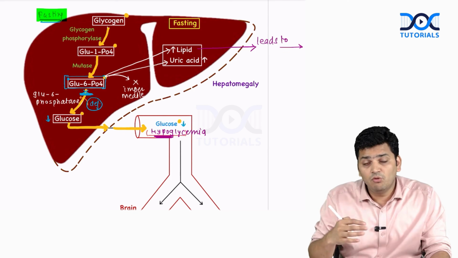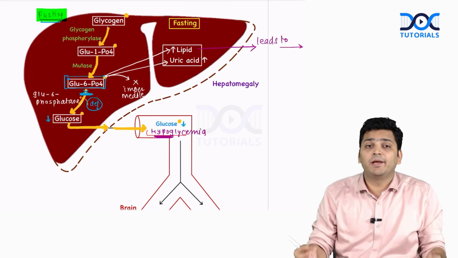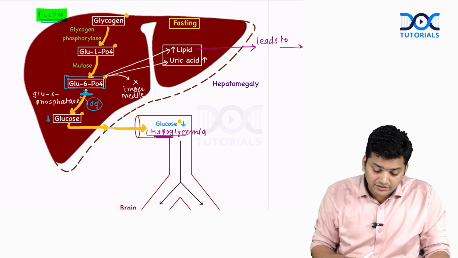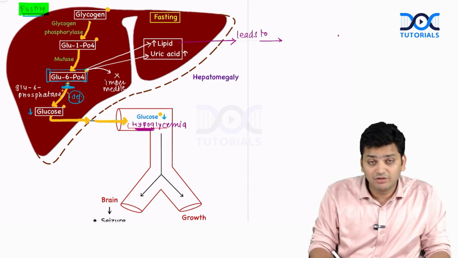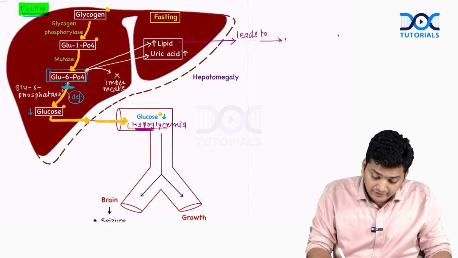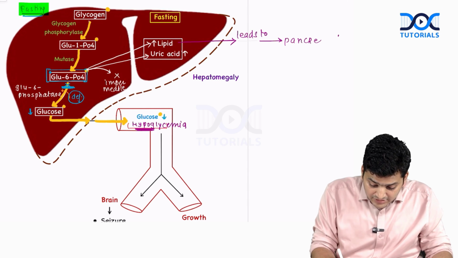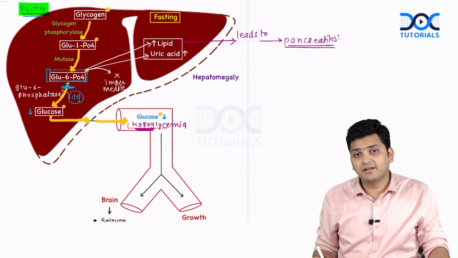And as the lipid and uric acid accumulate, this child may have hepatomegaly also. If the lipid is very high, particularly hypertriglyceridemia, it can lead to pancreatitis. So this child can have pancreatitis also, because if the triglycerides are very high, that can lead to pancreatitis.